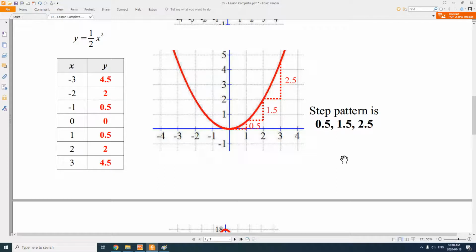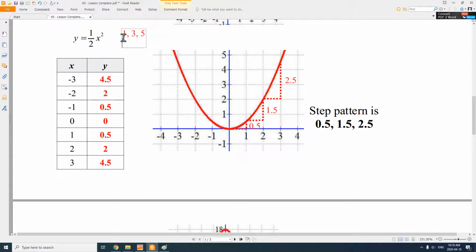In this case, that step pattern is less, so this parabola is a bit wider. It's growing slower. Once again, if we only had the equation instead of the graph, we could have gotten the step pattern from this as well. We would have started with our basic step pattern, 1, 3, 5, and then said, my a value here is 0.5, a half.